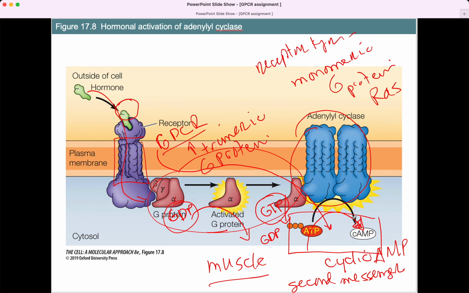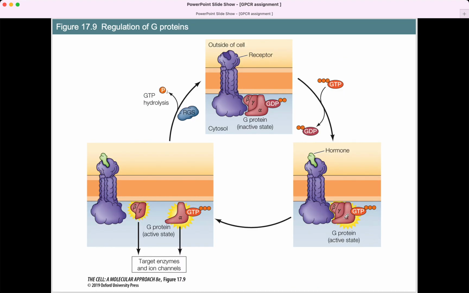That's our example, so this will be part of our drawing. This enzyme is called adenylyl cyclase. It's also called adenylate cyclase, and adenyl cyclase. Those are all synonyms, but it's just an enzyme that catalyzes the synthesis of cyclic AMP.